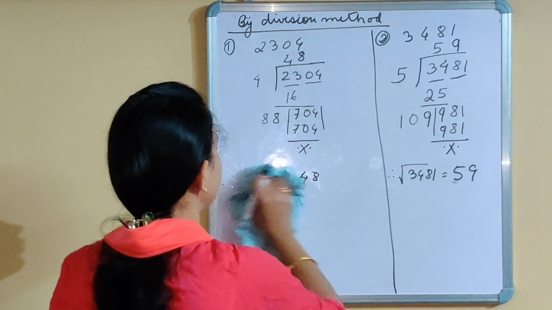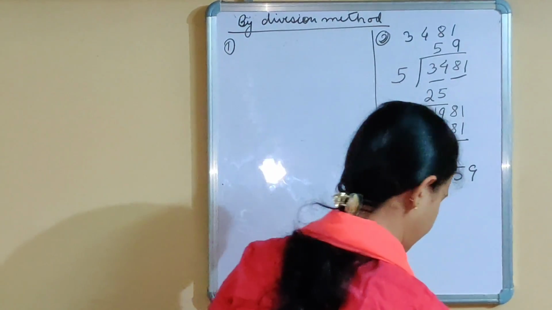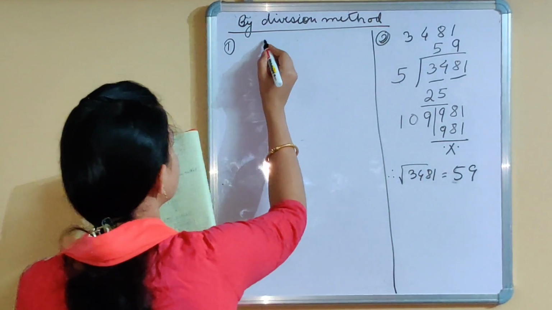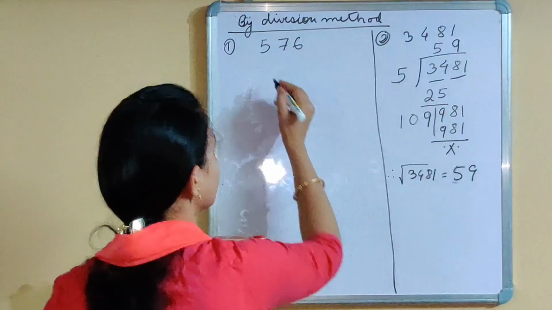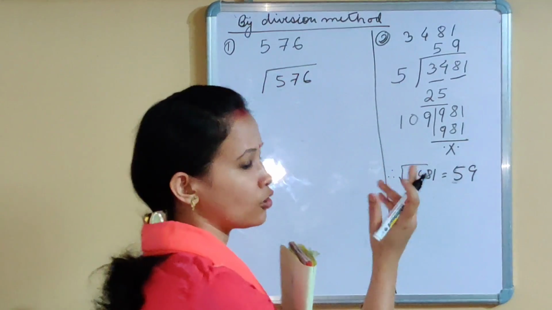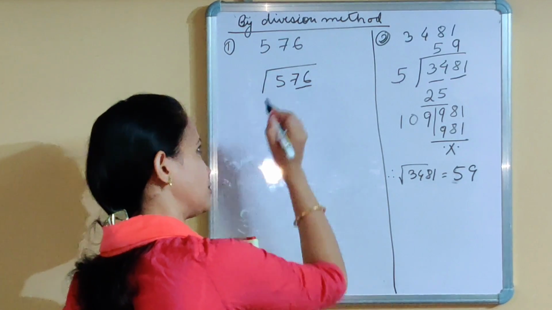Let's do another problem. It will be a practice for you all, for those beginners. Let's say a very simple problem, a 3-digit number, 576. No matter if it's a 3-digit or 5-digit or whatever digit number, the pairing should start from the back side.